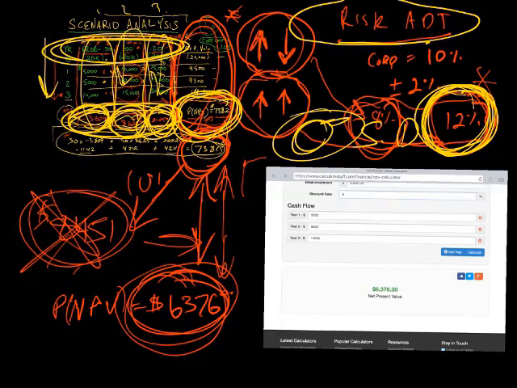What are the probabilities that you invest $20 million in a freestanding emergency department that it's going to work? That's where it's going to be difficult, and that is where you make the big bucks.